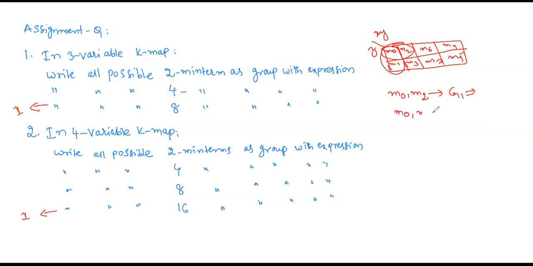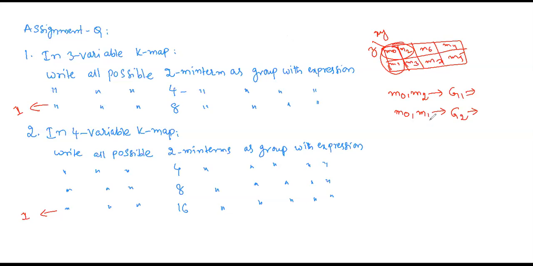With this exercise, you will be thorough in grouping. If you practice these two assignments on your own, you will have thorough knowledge in grouping minterms and writing down the corresponding expression. And look for M0, M3. Is it possible?